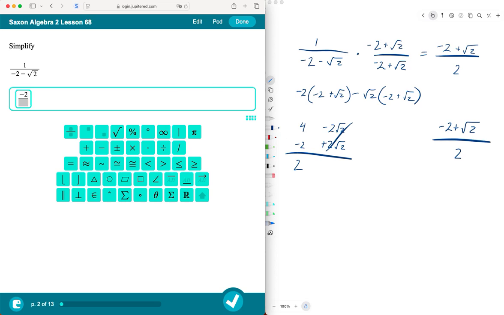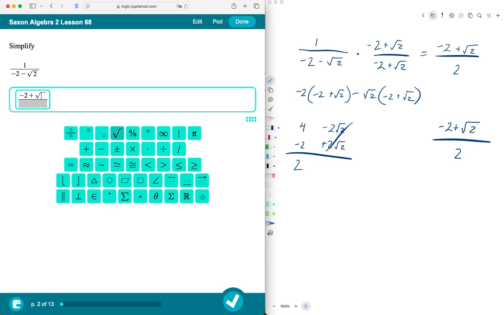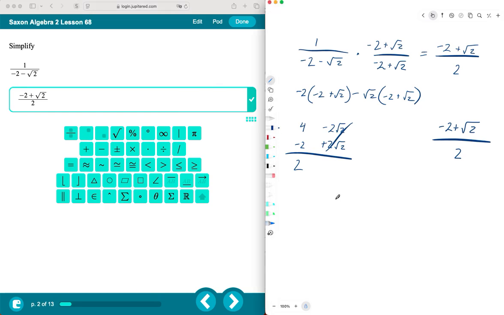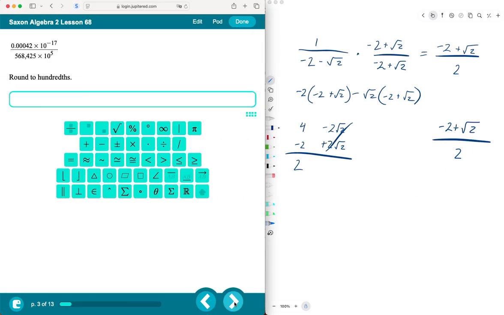Plus square root of 2 over 2. And that's right. So that's the way it wants it. And it wants it that way because we can't reduce it and keep it in one fraction, which makes sense. Okay. But we know we could reduce it into 2 terms if we wanted to. Let's look at some of these other problems.